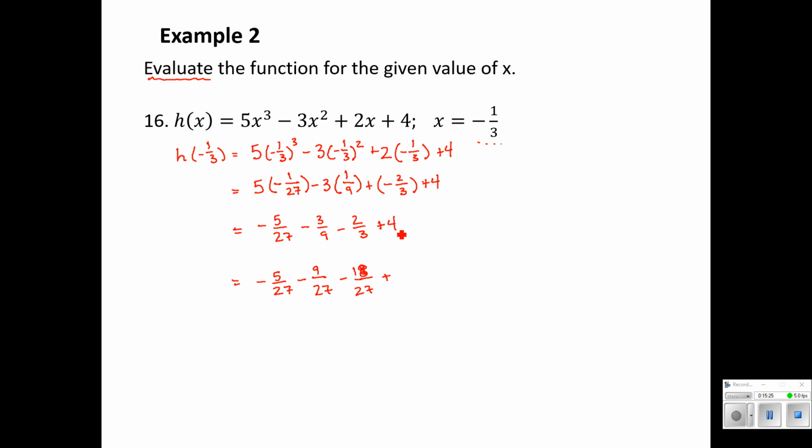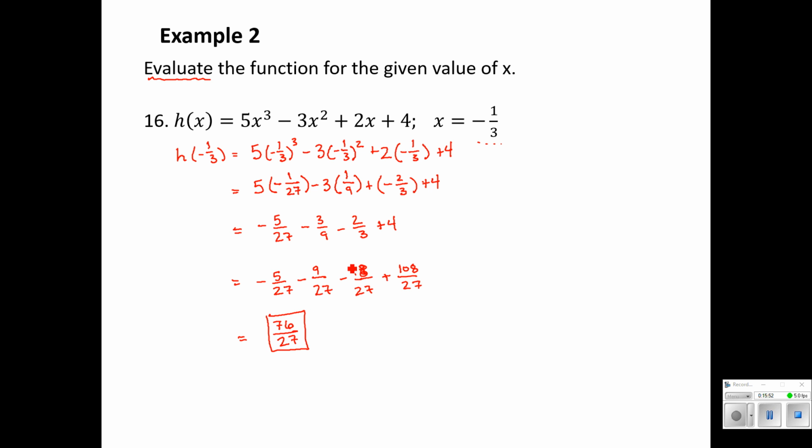Plus, multiply top and bottom by 27, 108 27ths. Okay, 5 and 9 and 18, that's 32 that I'm taking away. 108 minus 32 is 76 27ths. Okay, and that is our final answer.